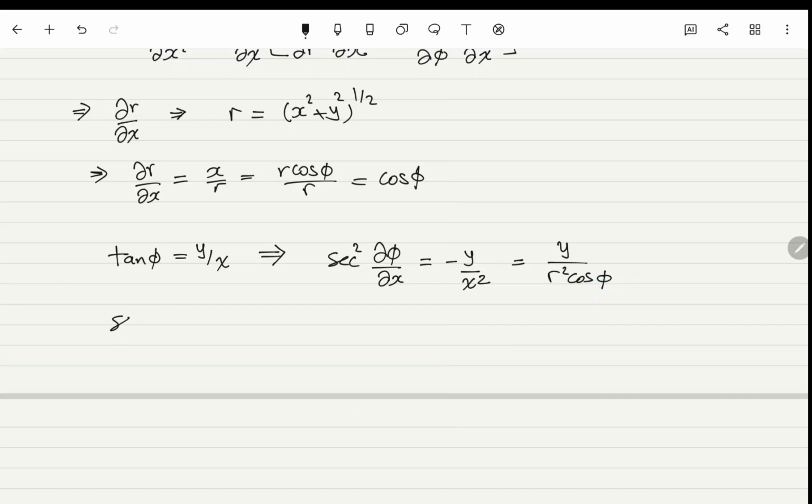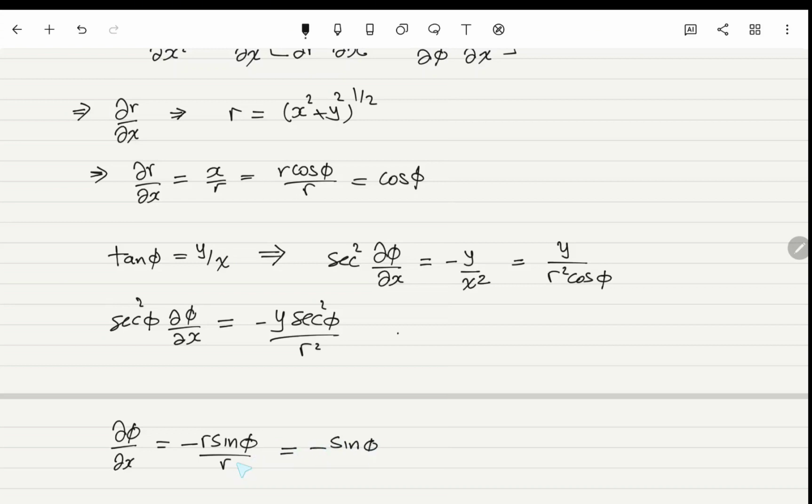Now secant square phi partial phi partial x equal to minus y secant square phi over r square, and partial phi partial x equal to minus r sine phi over r, which equals minus sine phi over r.